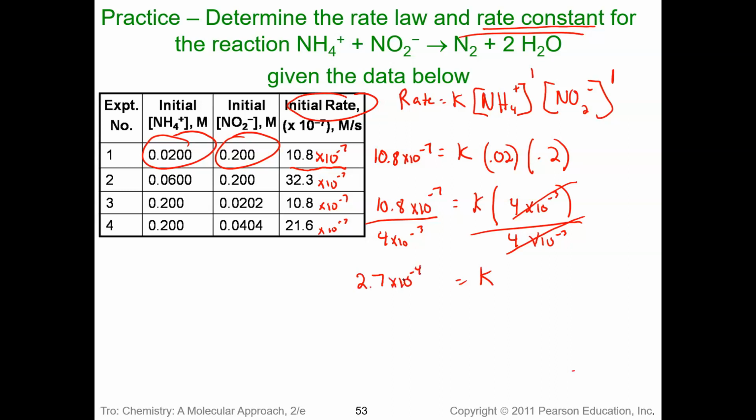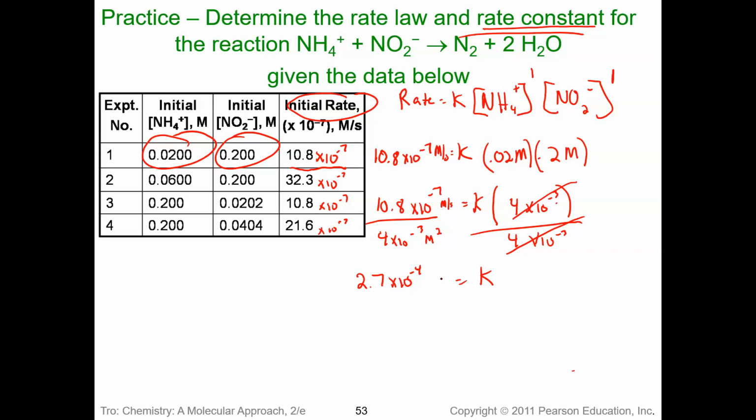And I conveniently left off all my units. So let's just put our units in here, because that just makes life super fun. This one is molarity per second. And this one is going to be molarity squared because I multiplied them.